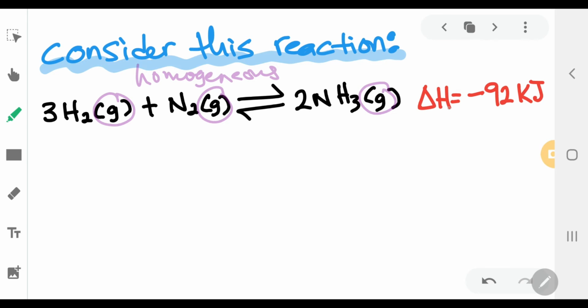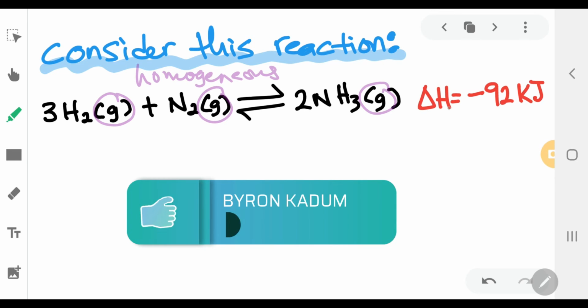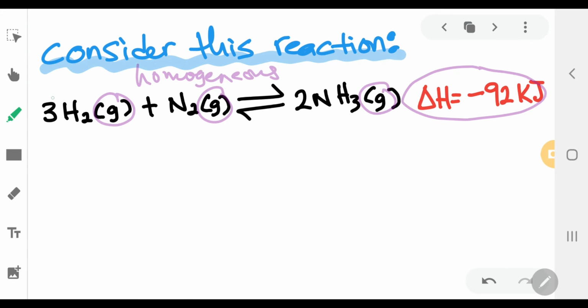But if you want to know the effects of changing temperature, the question in the exam is going to give you information about the delta H. Delta H over here is what we call the enthalpy.